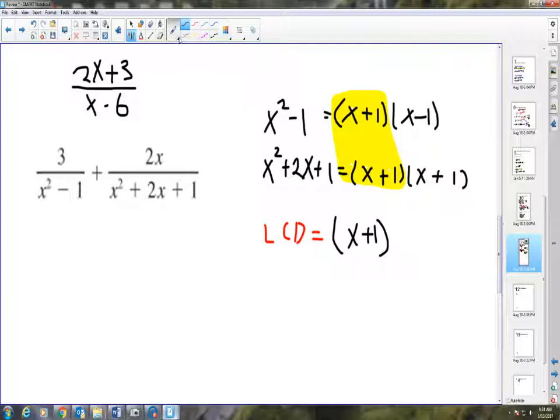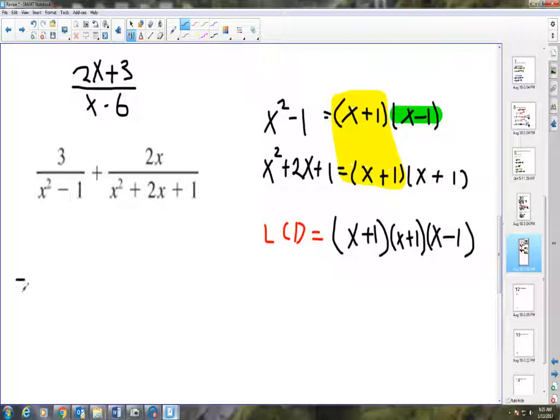The x minus 1 did not repeat with the other denominator, so we count that one time. So your LCD is x plus 1 times x minus 1.